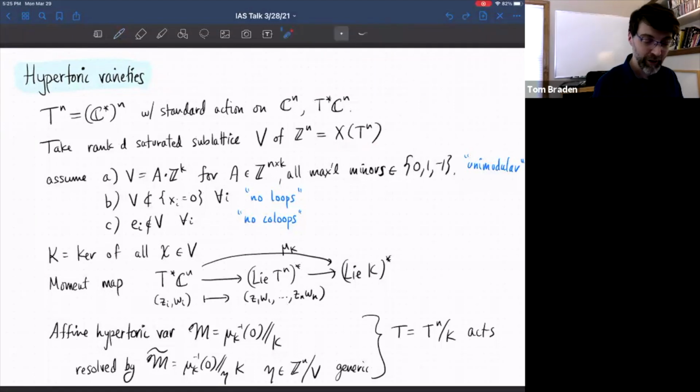It should be saturated, so the quotient shouldn't have any torsion, and a couple more technical conditions. I want it to be unimodular, so I want it to be the image of an integer matrix where all the maximal minors are 0, 1, or -1. And then even more technical, which you can get rid of, I don't want it to be contained in any coordinate subspace or to contain any coordinate vector. Though those are not particularly important, they just make your life easier.